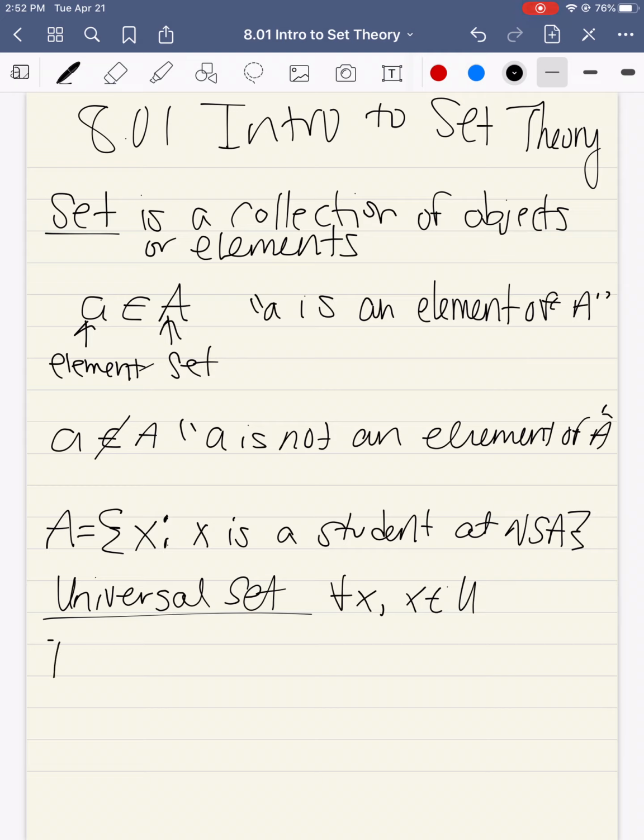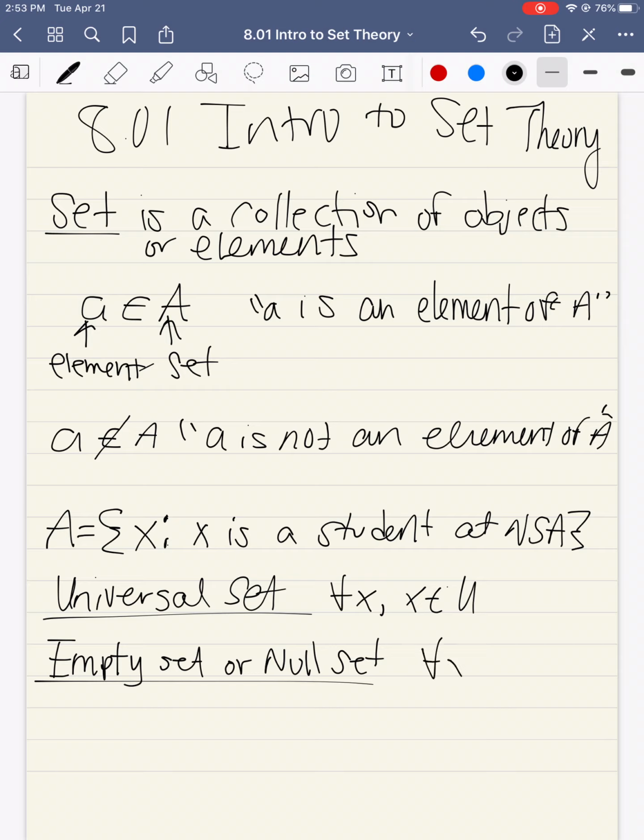The empty set, as you can infer, is also called the null set. Most times you'll hear null set. And that is described as a zero with a slash through it. It means that nothing belongs there. It's empty. There are no elements, nothing belongs to it. It is a completely empty set.